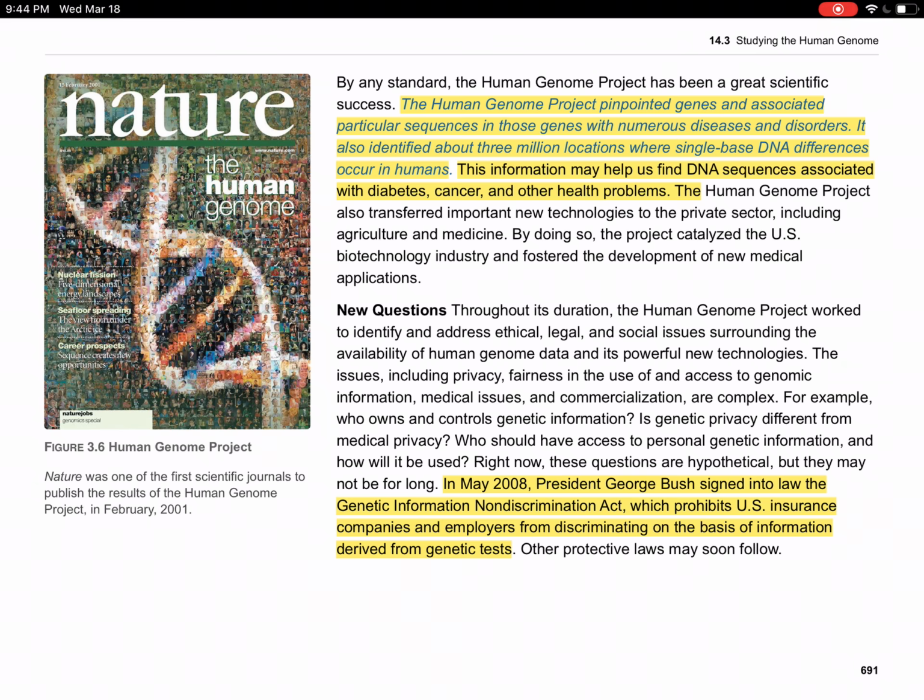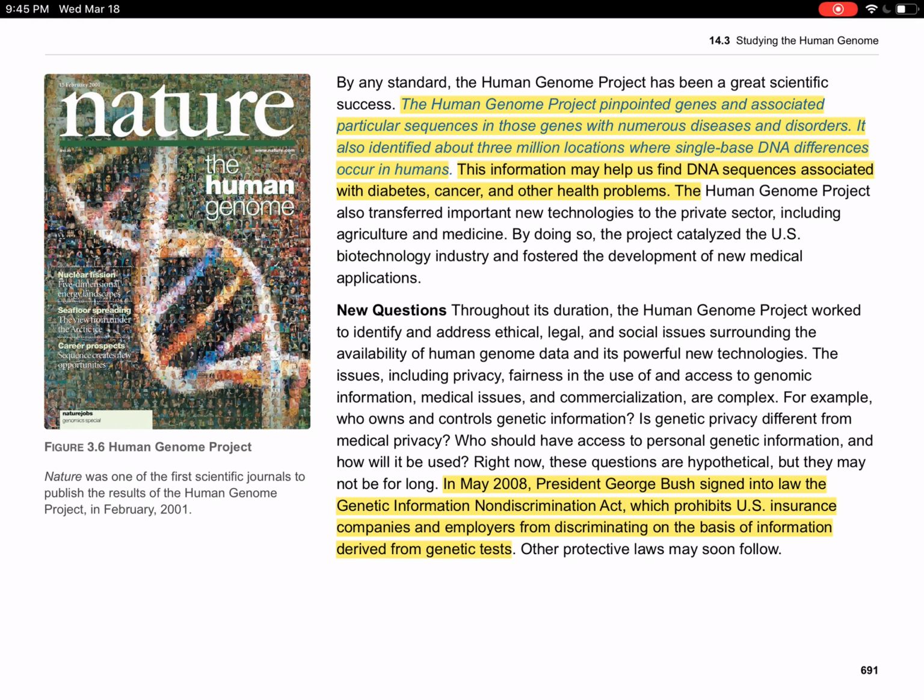Number 11, ethics. In 2008, a new law was passed called the Genetic Information Non-Discrimination Act. This was passed by President George Bush. Lots of questions arise about ethics and genetics, such as who should have legal rights to your genetic information?